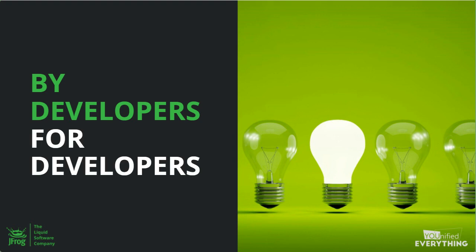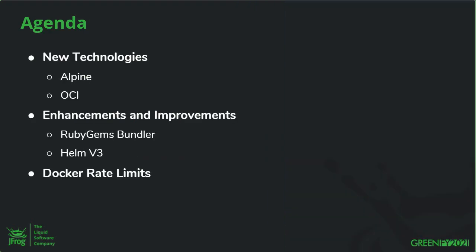So with that, I want to go with you over our latest releases of new package types and important enhancements that we made in some supported ones that we already have today. So I'm going to start with the new technologies. Very excited to announce those, OCI and Alpine.